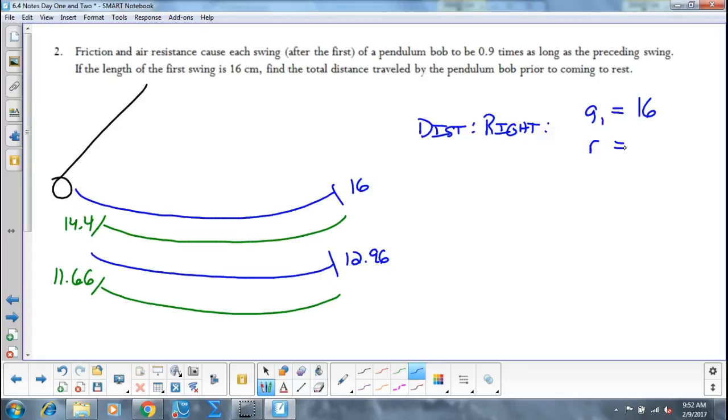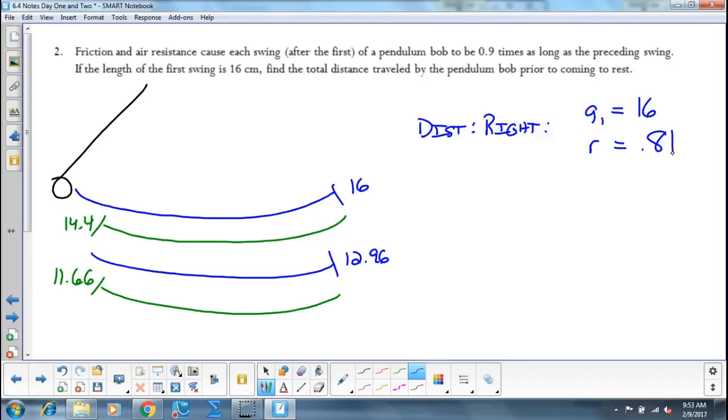Look at blue. We're only looking at blue now. It's 10.18. It's what? 0.81. Because it's 9/10 coming back, but that's going to the left.